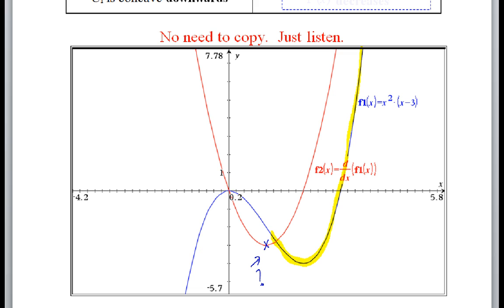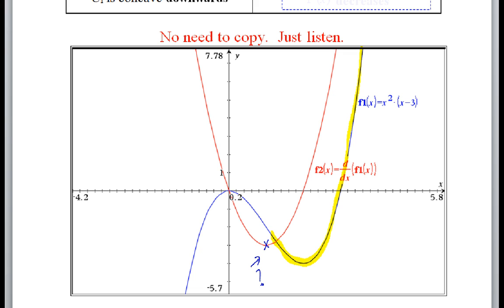This happens to be a point whereby the curvature changes from concave downwards to concave upwards. This point is called a point of inflection, where it changes curvature. Don't need to really know, but just for info. It changes from a sad face to a smiley face.